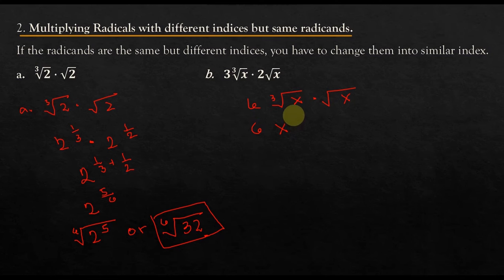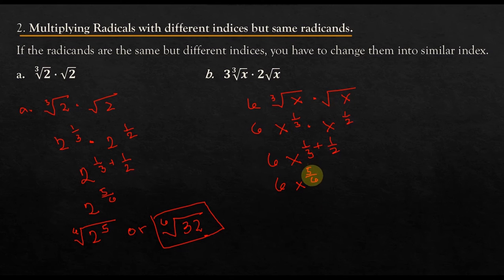So this becomes x raised to 1/3 times x raised to 1/2. Then we combine these two bases, which will give us 6x raised to 1/3 plus 1/2. Then as you can see, we already solved for 1/3 plus 1/2, which will give us 5/6. So 6x raised to 5/6.